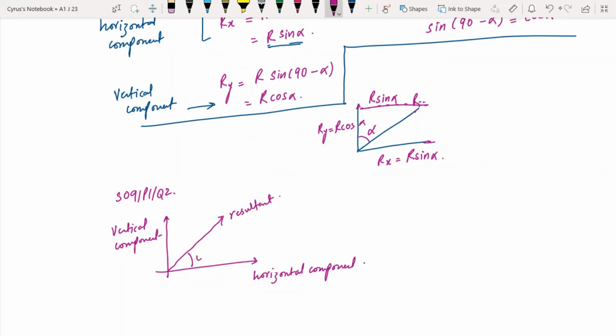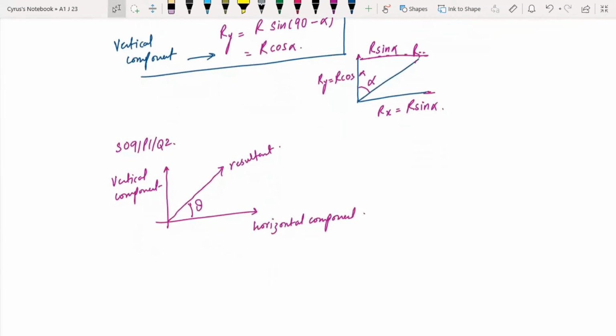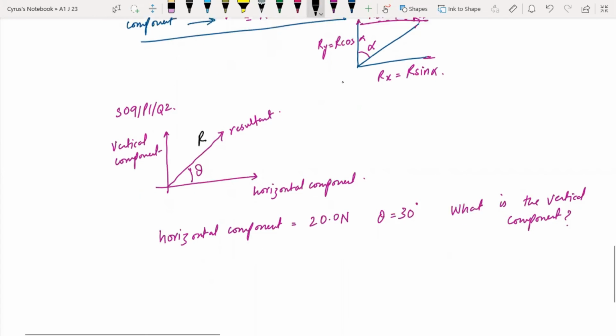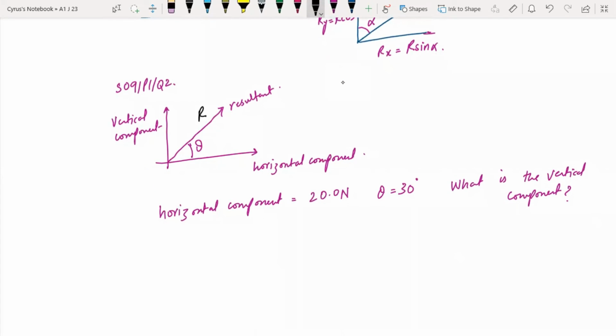This angle is theta. Acha, they have given you the horizontal component as 20 Newton, theta is 30 degrees. They have asked you what is the vertical component. What you will do in this case is that this resultant, you can assume that this is R, right? Now you know that the horizontal component is 20, right? I can write here R cosine of theta is equal to 20. ऐसे ही है.